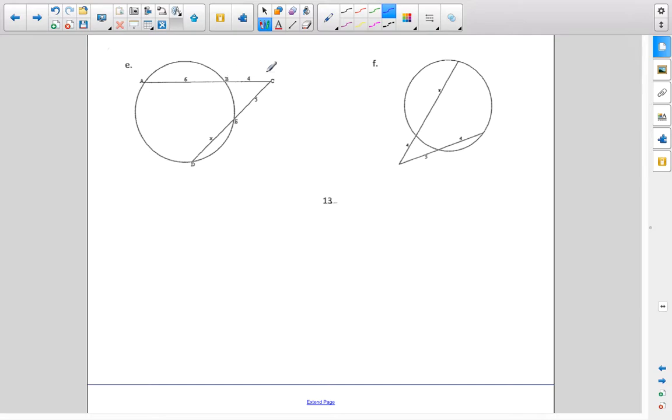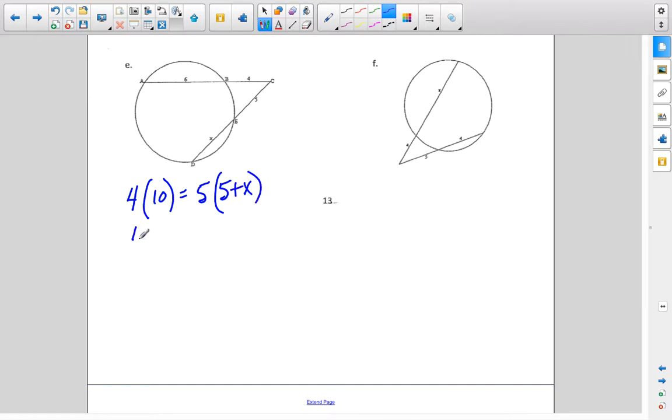Okay, here I have two secant segments, so I have to be careful. I want the outside times the whole. So I'm going to add up both of the segments to get the whole. So on AC, I have outside is 4, and the whole is 6 plus 4, or 10. And that equals 5, the outside, times the whole, which would be 5 plus the x.